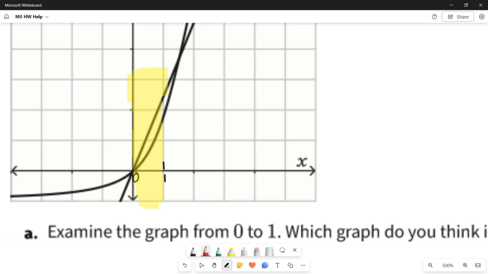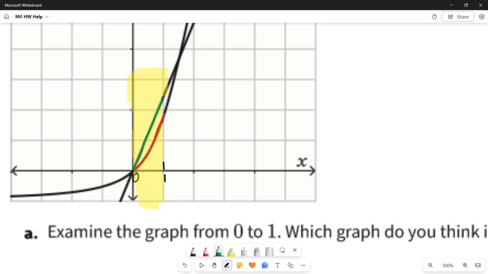And r of x is our exponential function. That's the curved one. So if I only trace the piece of r of x that is between 0 and 1, it's this piece right there. That's r of x. S of x is this piece right there.